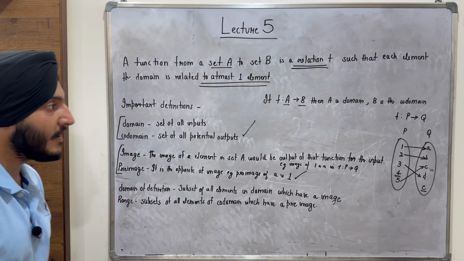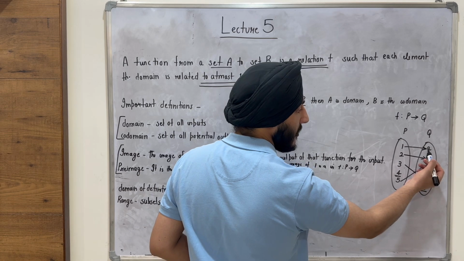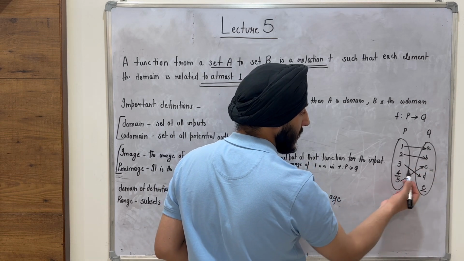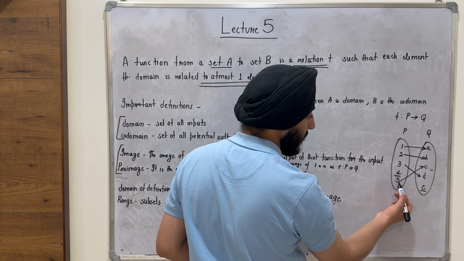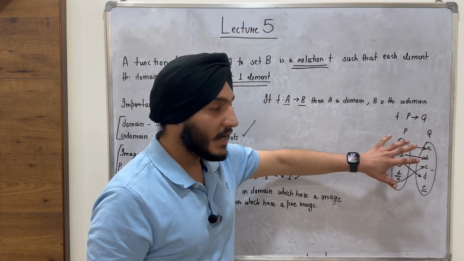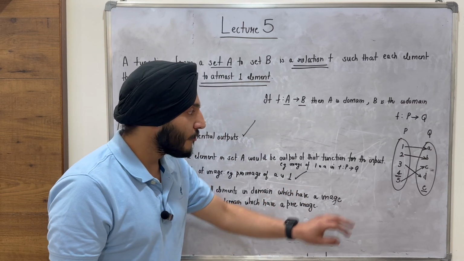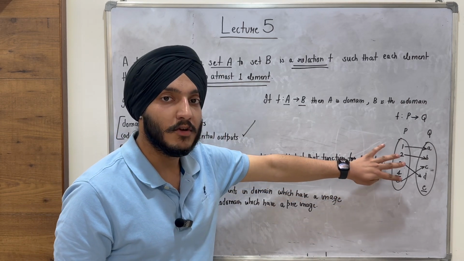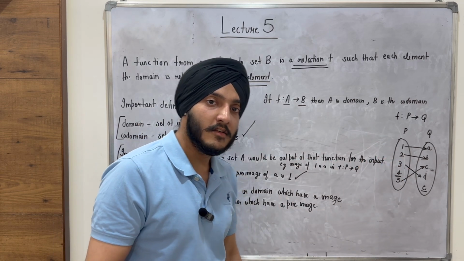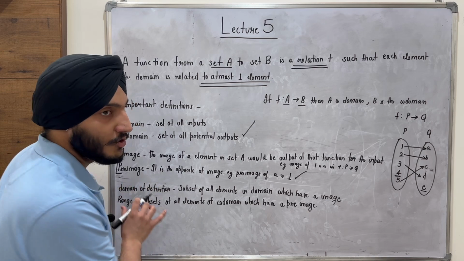The basic idea is if you look at this set over here, 1 has an image A, 2 has an image B, 3 has an image D, and 5 has an image C over here, right? In the P set over here, I have a total of 5 elements. Of those 5 elements, 4 have an image, right? Those 4 elements will be a part of the set called the domain of definition.